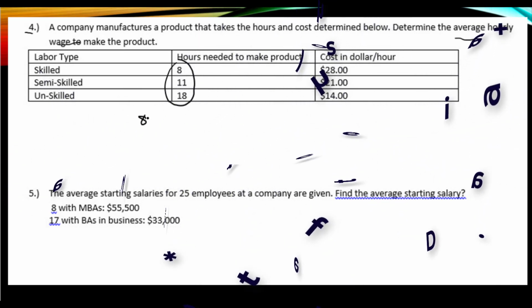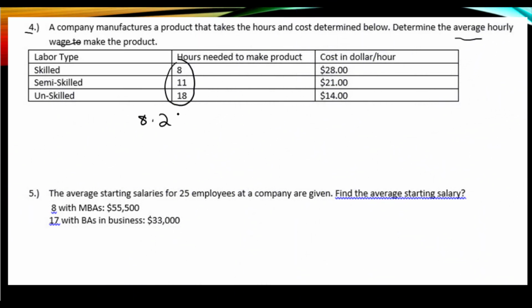So it's going to be 8 times $28 plus 11 times $21 plus 18 times $14, divided by the sum of the weights, which is right here, which is 37.